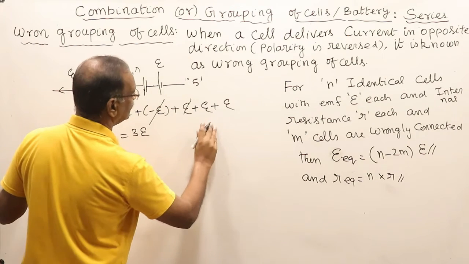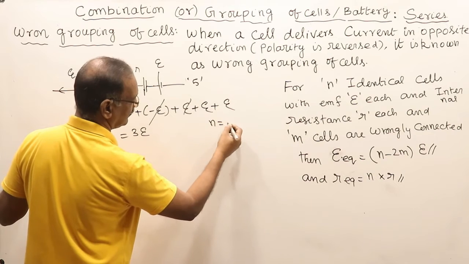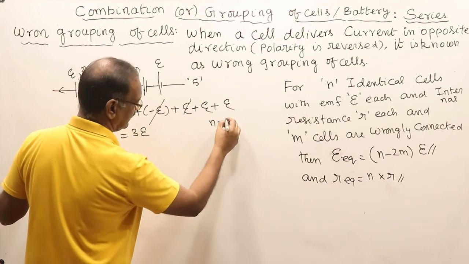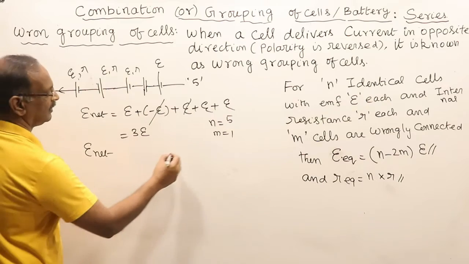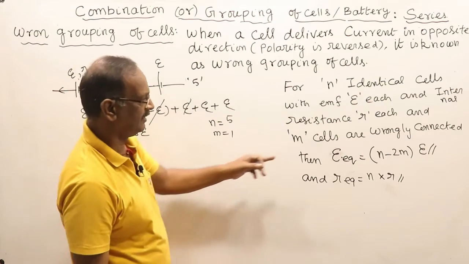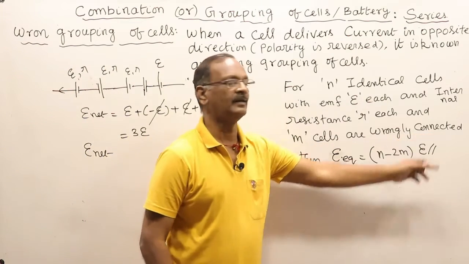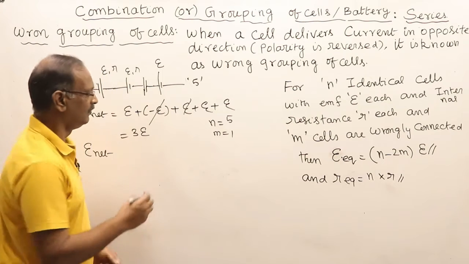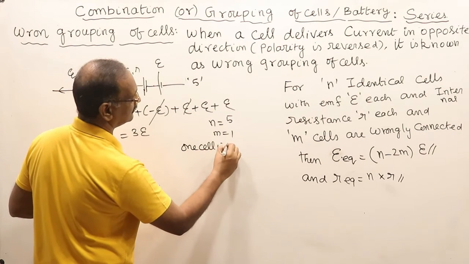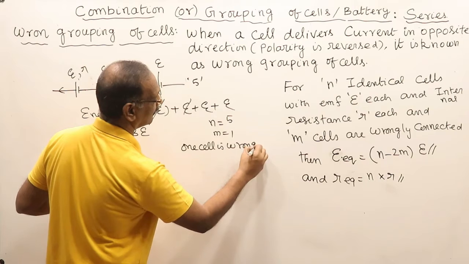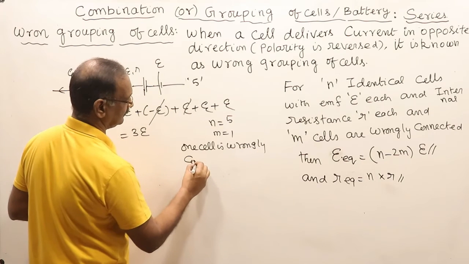There are five batteries, that is, 5 cells, so n is equal to 5. M is equal to 1, because m is the number of cells wrongly connected, and here one cell is wrongly connected.